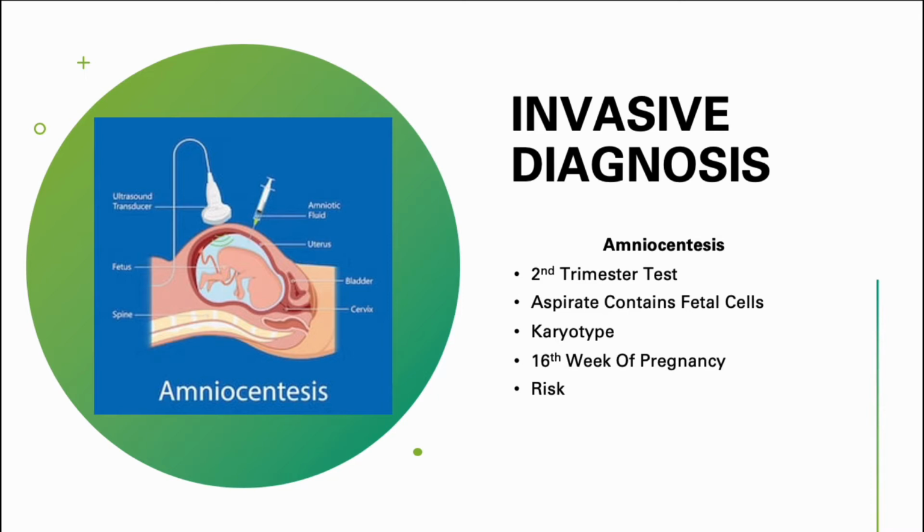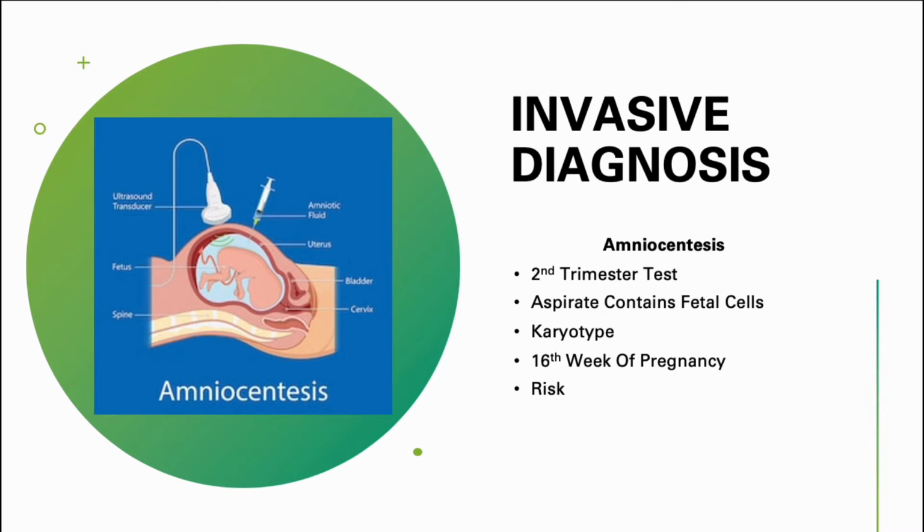And again, the amniotic fluid contains fetal cells. And you use this fluid to estimate, for example, you can look at bilirubin levels. Okay, this is one of the proteins that the liver produces. So bilirubin levels could be used to determine hemolytic diseases.